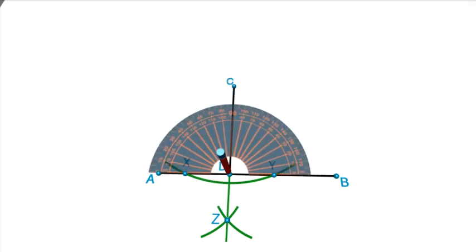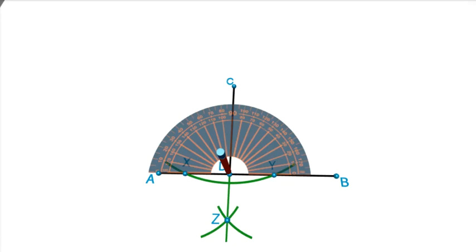So remember, I was asked to construct line segment CD such that CD is perpendicular to AB and meets AB at a right angle.